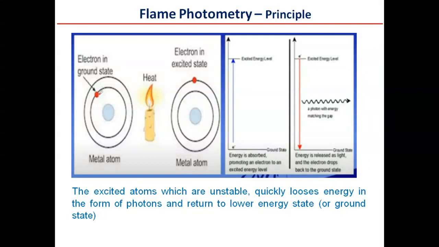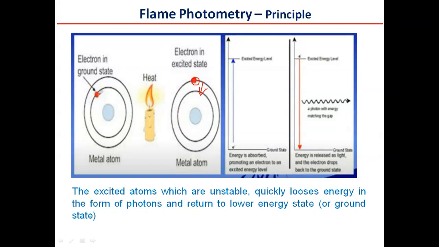As soon as it absorbs thermal energy from the flame, the electron in the metallic atom gets excited to a higher level, that is, the electron is in the excited state, and this excited level makes the atom unstable. So this unstable atom quickly loses energy, and again comes down to the ground state or the lower state.